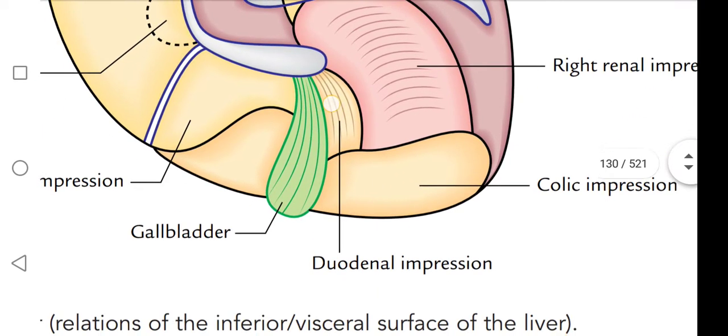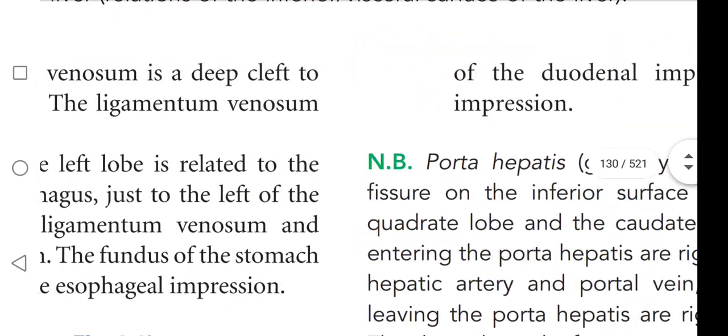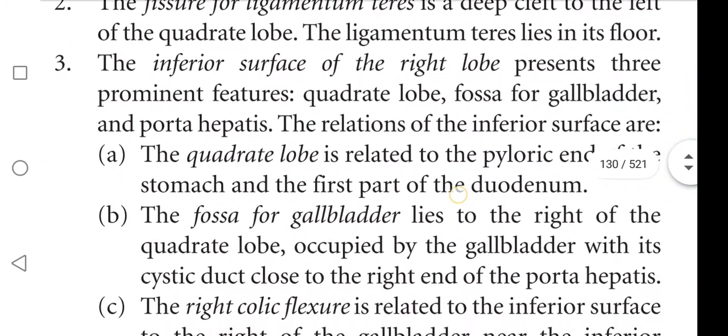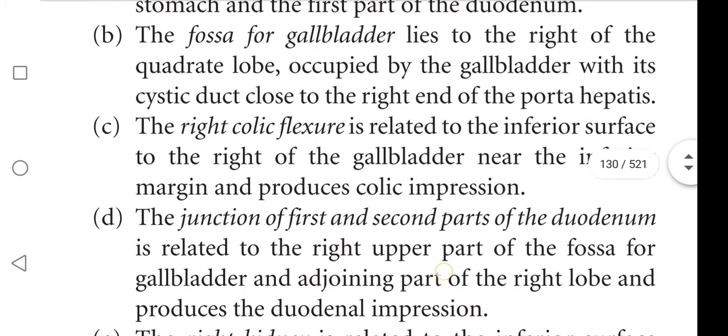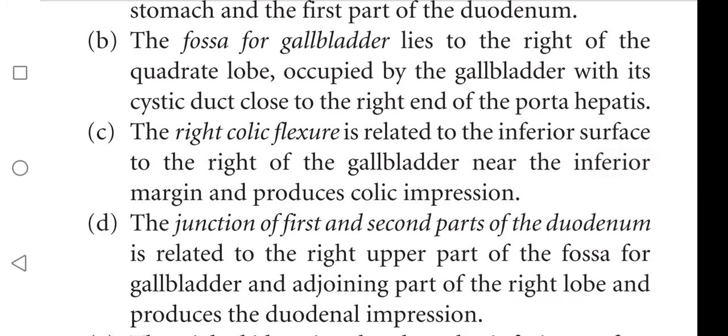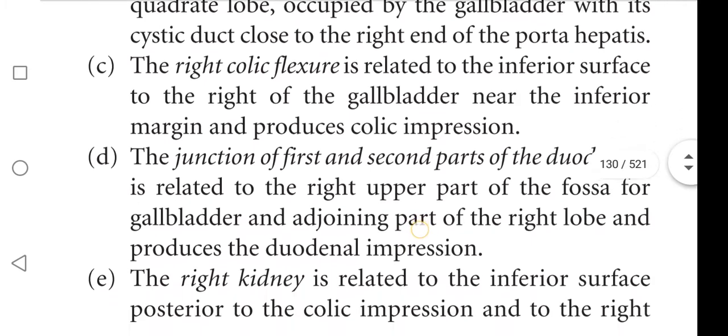The right colic flexure is related to the inferior surface to the right of the gallbladder near the inferior margin, and produces the colic impression.